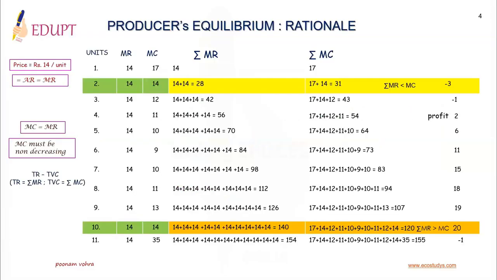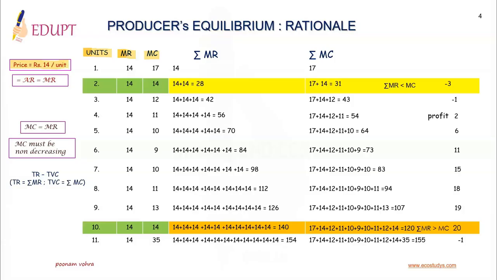Let us understand the producer's equilibrium with the help of a numerical example and the rationale behind the equilibrium. For that, the information is about units produced and sold by the producer, marginal revenue earned, marginal cost, and the rest can be found. It has been assumed that the price of the good is Rs 14 per unit, which remains the same.